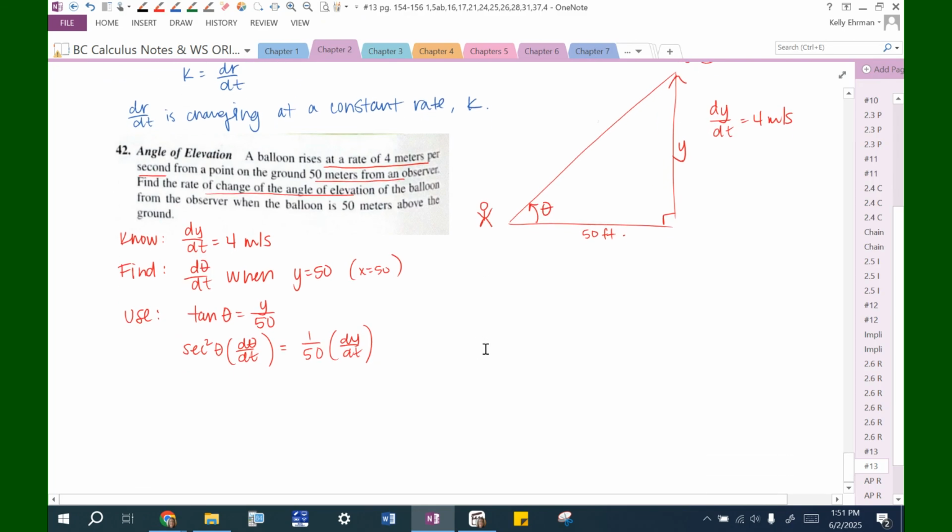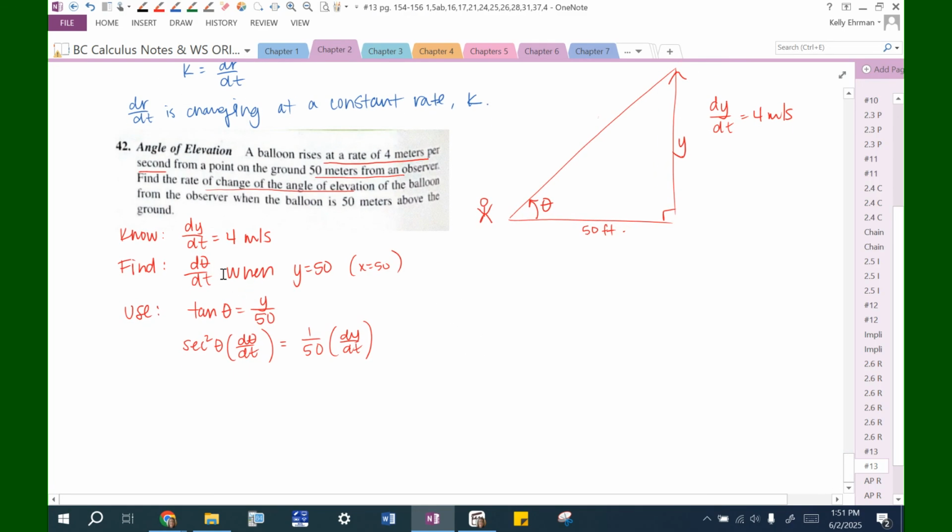And again, remember, when trig is involved, for all of these d theta/dt problems, you should never be finding the angle itself. We don't need that to figure out what secant squared is. Remember, we have this right triangle here where we have both legs. They're both 50. That should remind you of a 45, 45, 90 triangle. So, okay, I do know that theta is 45, but I don't actually need that, right?